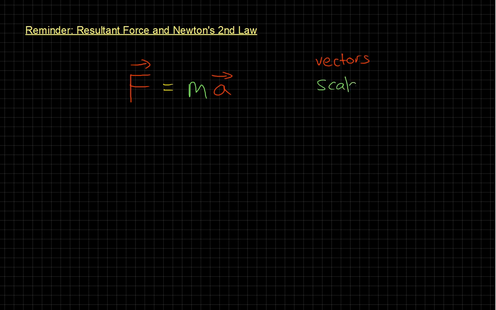I say that green one, m is the mass, right? So to remind ourselves, this is resultant force. It's not just force, it's the resultant force on an object as a vector, which is equal to the mass of that object times the acceleration, where the acceleration is also described as a vector.